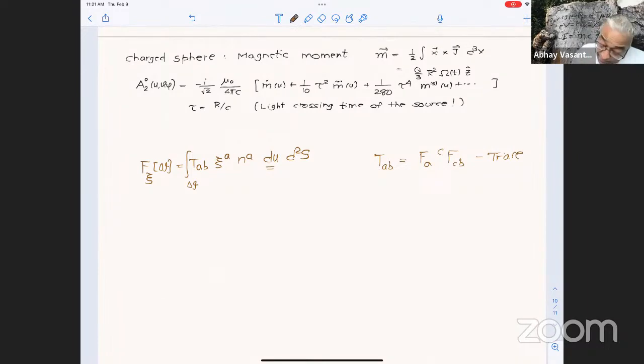Now, this volume element, let's look at it in the physical space-time picture, because otherwise I have to do some calculation about conformal completion. We can work in either picture. So in the physical space-time picture, this is a volume element which goes like r squared.